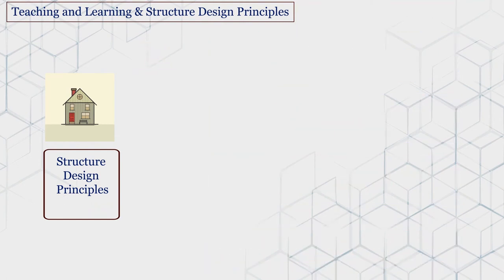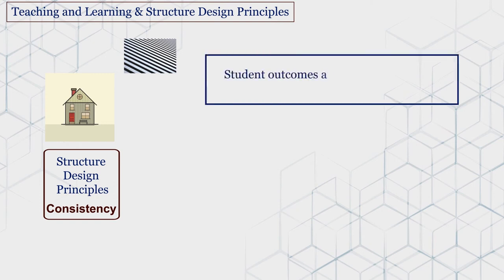The consistency principle ensures that student outcomes are evaluated against a reliable and constant criterion. There is a consistent, shared understanding of what proficiency means for learning targets for specific levels of performance.